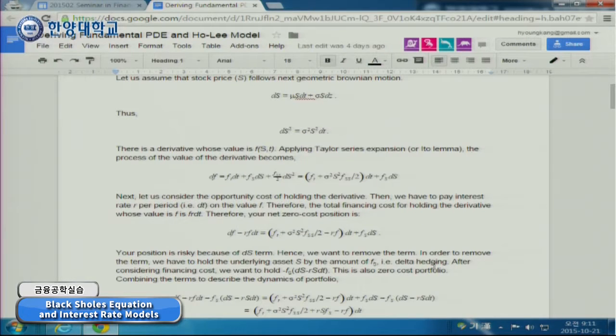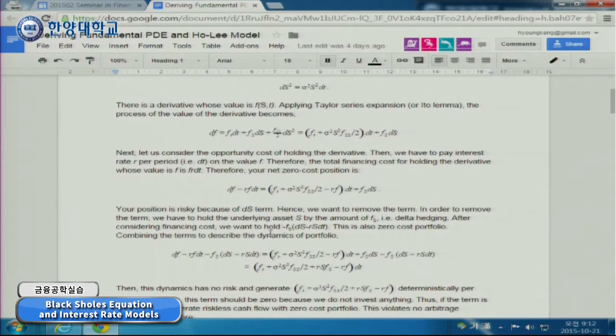There's another way of interpreting this. After considering financing cost, you want to hold minus f_S dS and R S f_S dt. Again, you borrow money and invest in the underlying asset. How much? Minus f_S, because you want to get rid of this term. This is also a zero cost portfolio, because you borrow money and invest in the underlying asset.